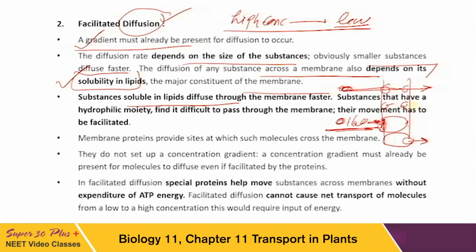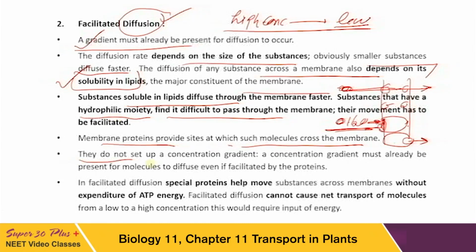Substances with a hydrophilic moiety find it difficult to move through the membrane. The membrane protein provides a site for such molecules with hydrophilic moiety, which are allowed to move through this protein. Their movement will be facilitated.